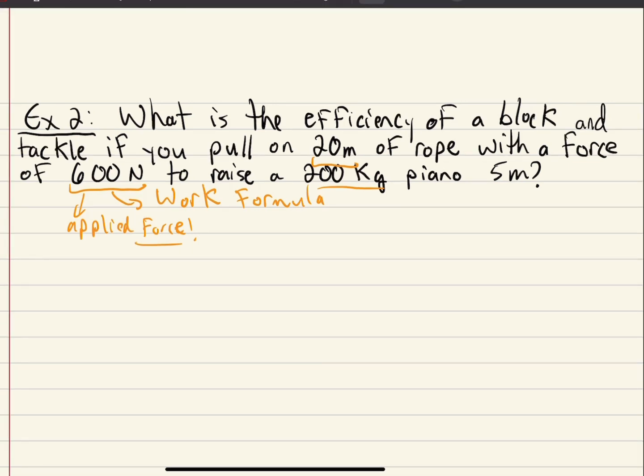So we're going to use work is equal to the force multiplied by the distance. In this case, it's going to be 600 newtons multiplied by 20 meters for the distance of the rope.